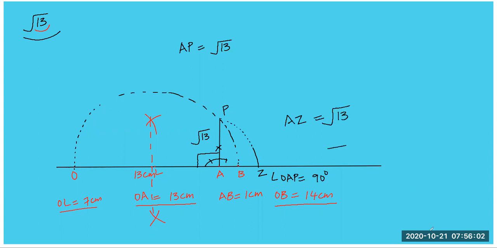Done. Now, same method. Suppose somebody says draw under root 7.6. With this method, easily I can draw under root 7.6. What I need to do? I need to take a straight line. On this straight line, draw OA equal to 7.6 centimeter.